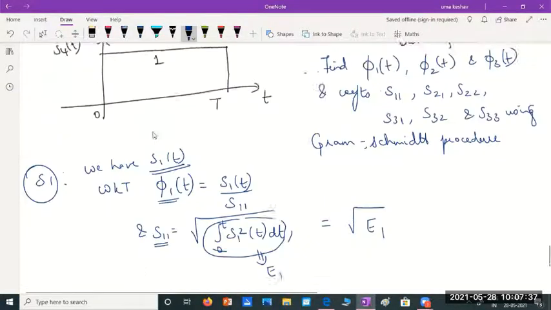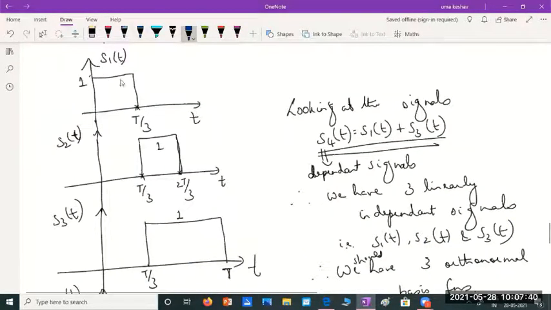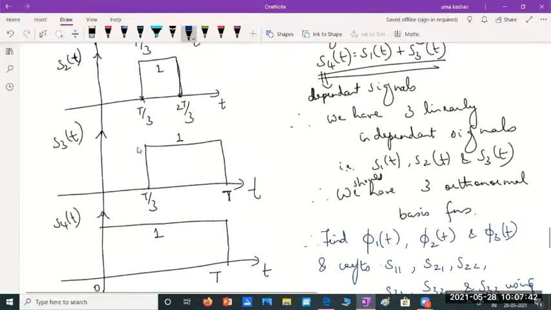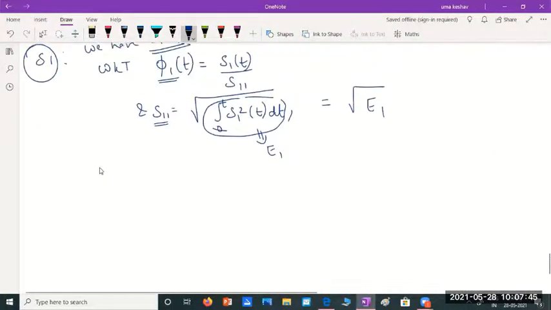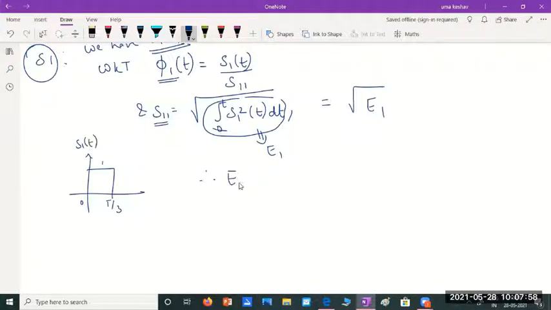What is S1 given as? S1 is 1 in the interval 0 to T by 3. Therefore, can I find the energy in S1? It is the integral from 0 to T by 3 of 1 squared dt. This signal exists with value 1 only in the interval between 0 and T by 3.